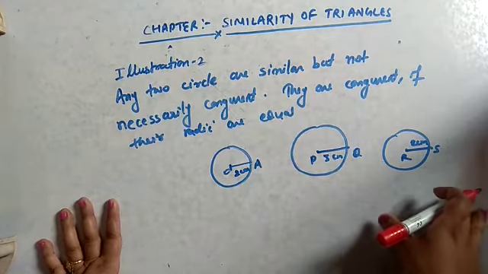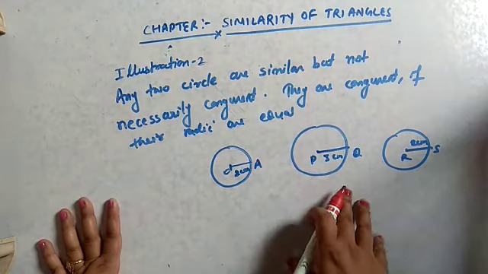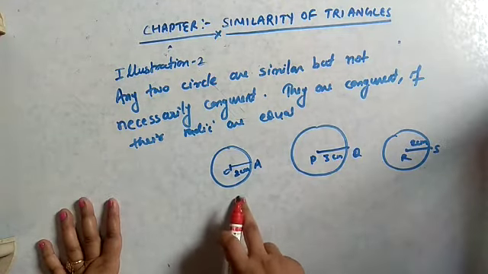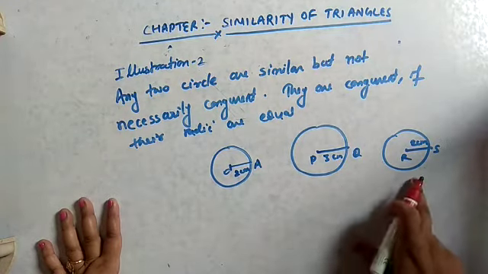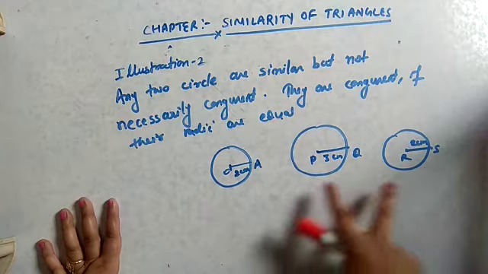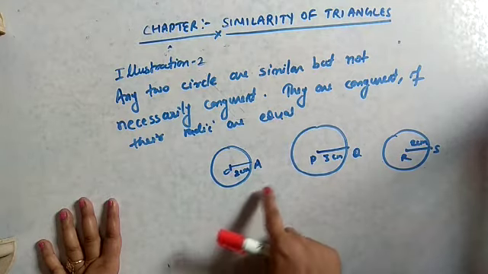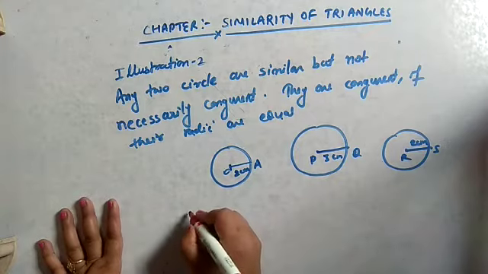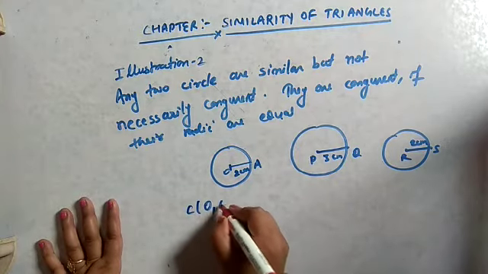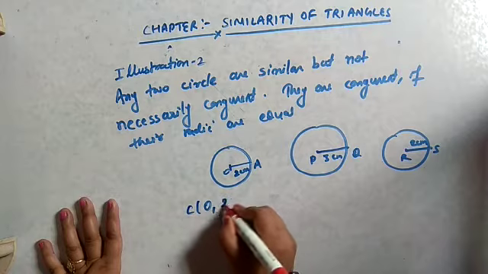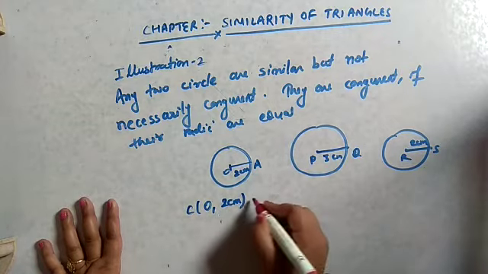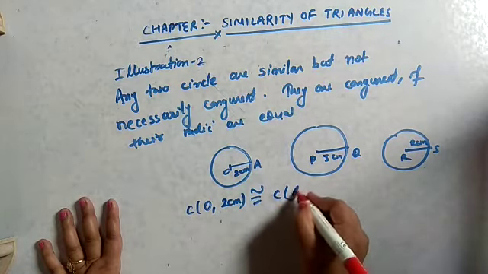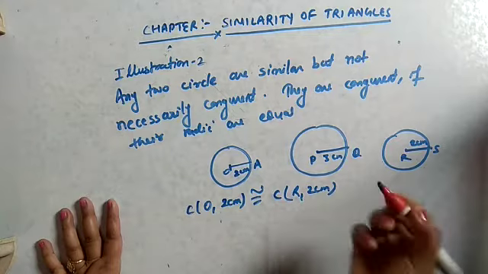But if anyone will ask which one is congruent to each other, then this circle with center O and center R, they are congruent because their radii are equal. But these two are not congruent because their radii are not equal. So circle with center O and radius 2 centimeter is congruent to circle with center R and radius 2 centimeter.